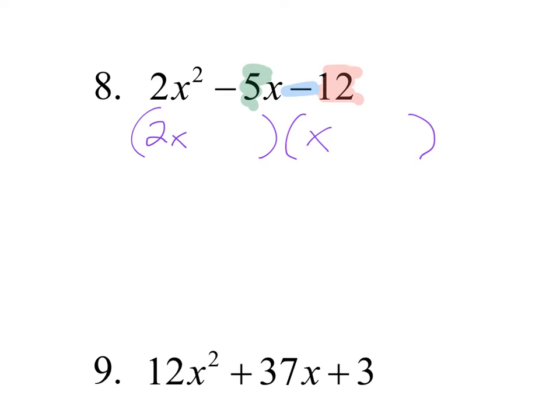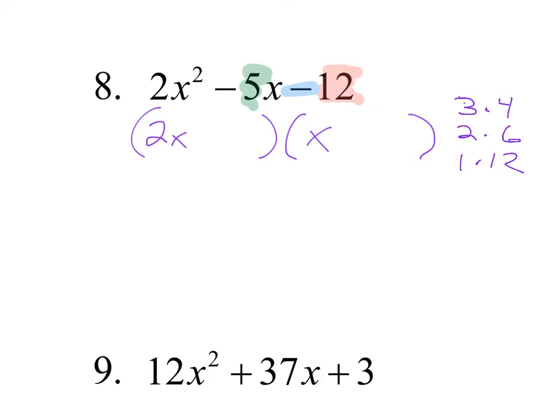All right, so factors of 12. 12 is 3 times 4, 2 times 6, 1 times 12. Oh, but I have to remember I'm combining one of them with 2.